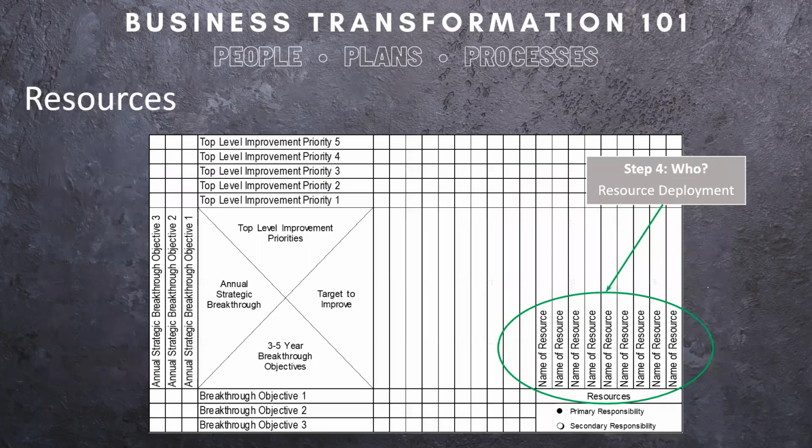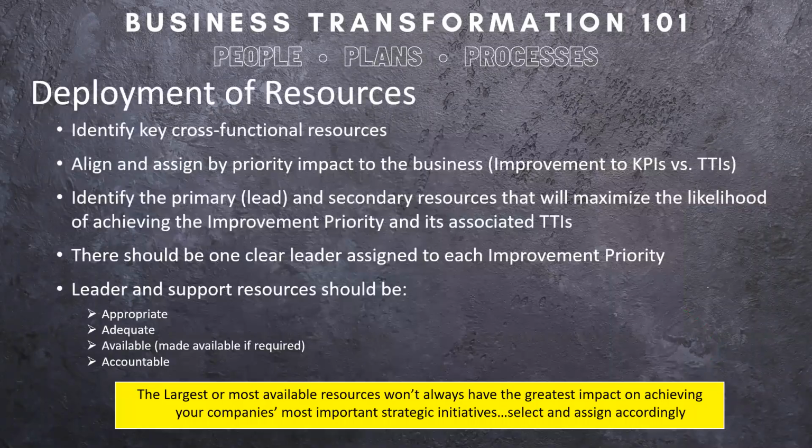In step 4 of the SD process, the team assigns resources to the improvement priorities. The allocation of resources is critical to the success of the strategy deployment process. Having the right resources and the right amount of resources will maximize the probability of success. To create accountability, each improvement priority has one clear leader.